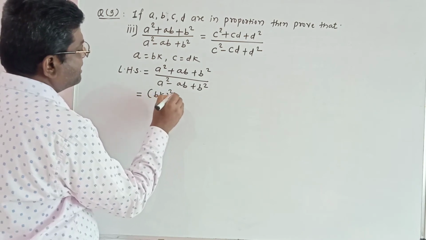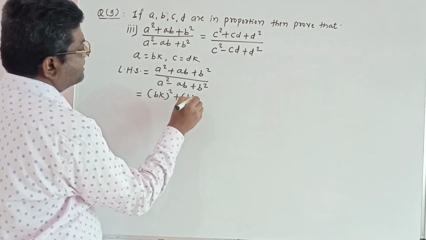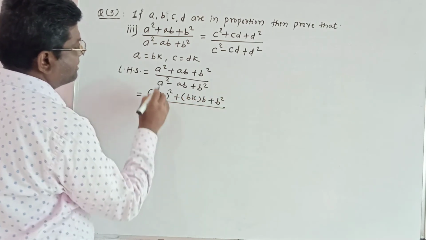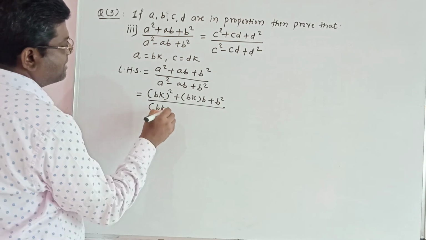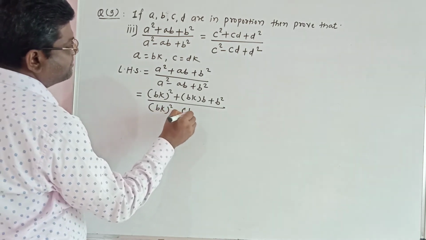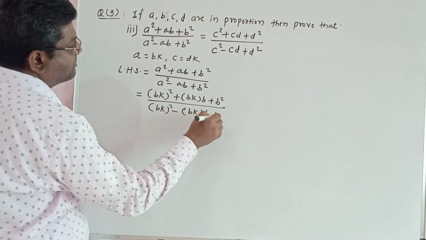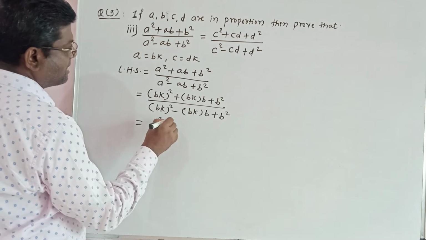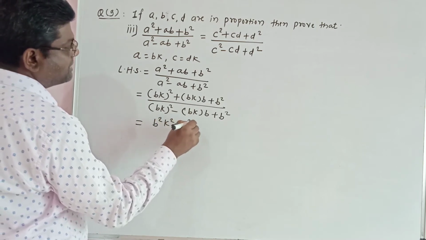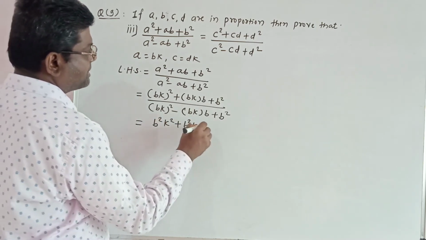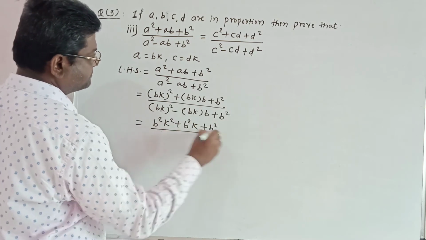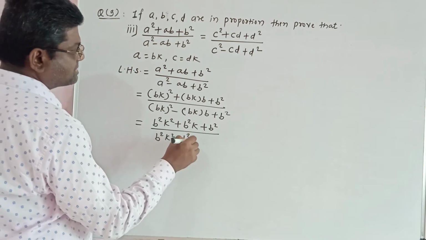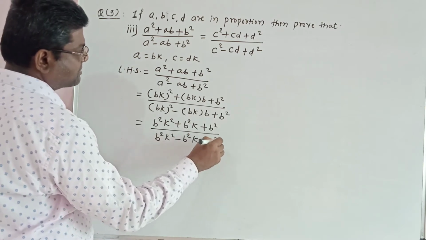Therefore bk square plus bk into b plus b square upon bk square minus bk into b plus b square is equal to b square k square plus b square k plus b square upon b square k square minus b square k plus b square.